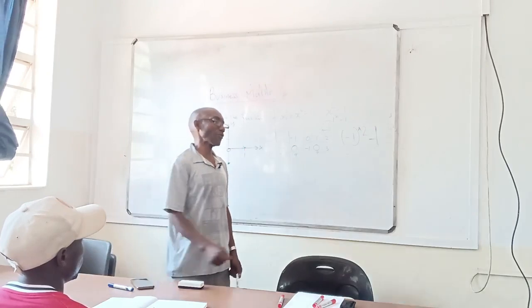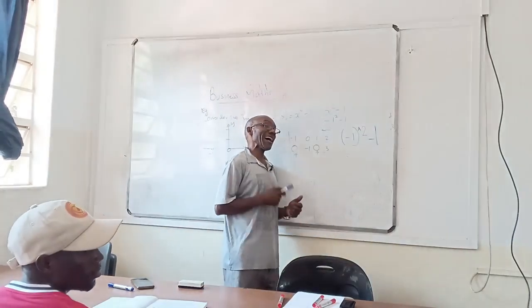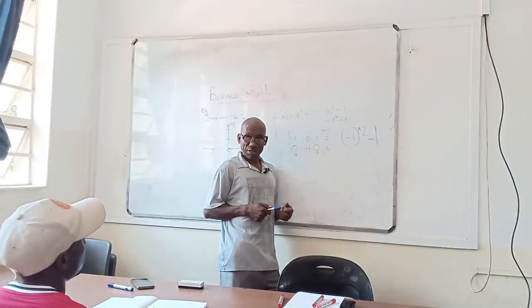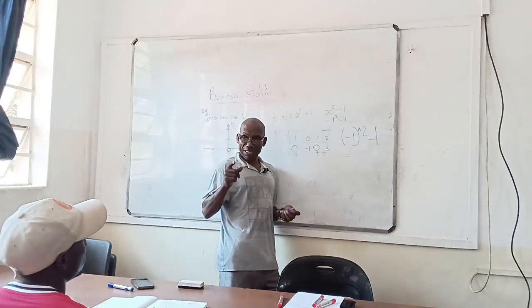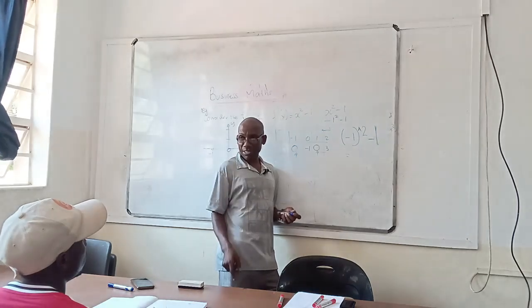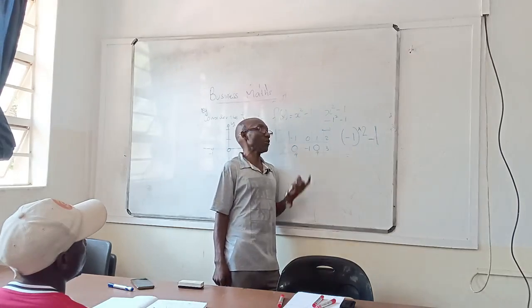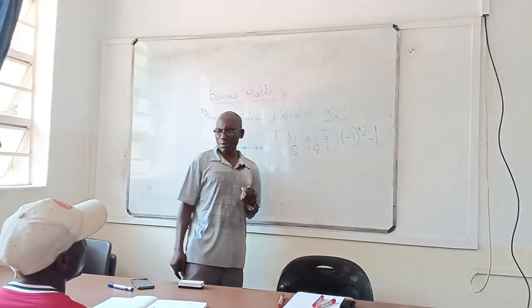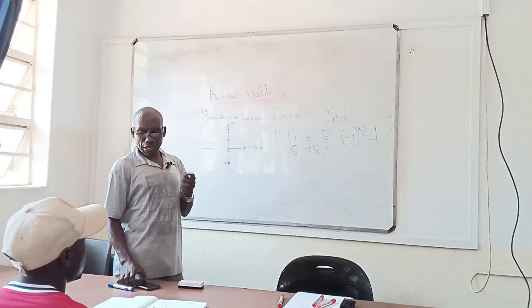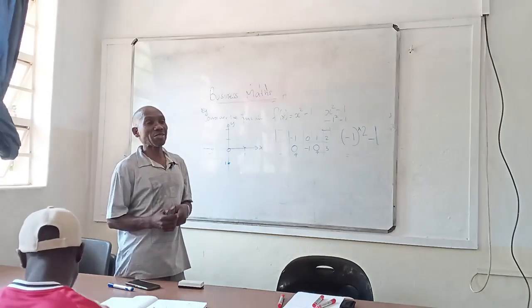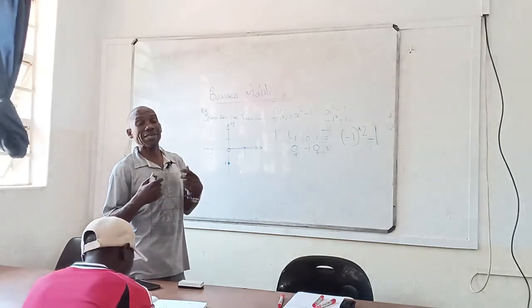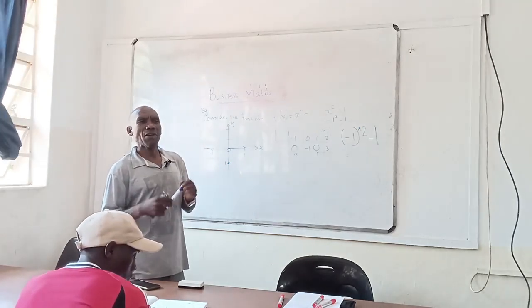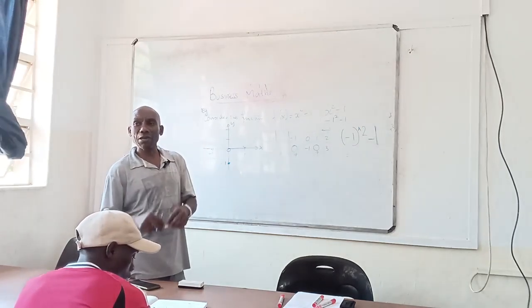You can have a gun but fail to shoot. I can give you formulas, but you cannot even know how to use the formulas. That's the issue with mathematics. So the best thing is, that's why I advise you students to be bringing calculators, so that you learn how to play around with your calculators.